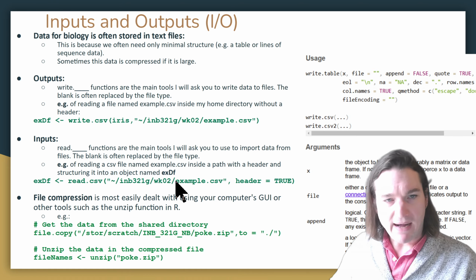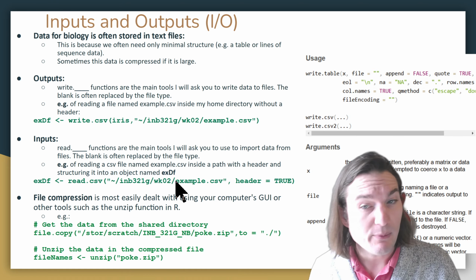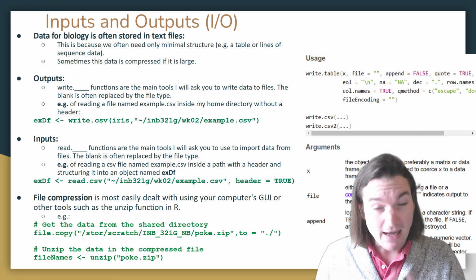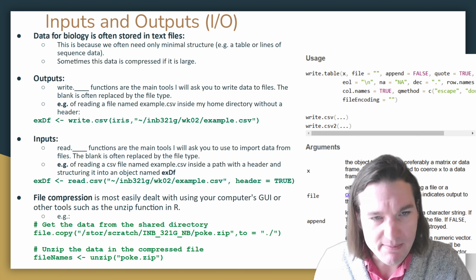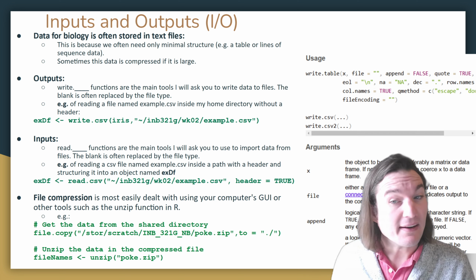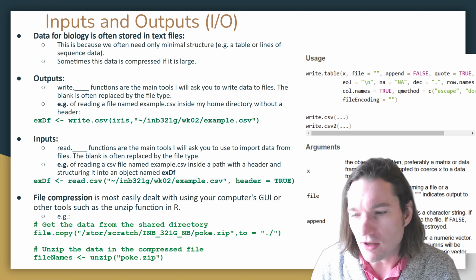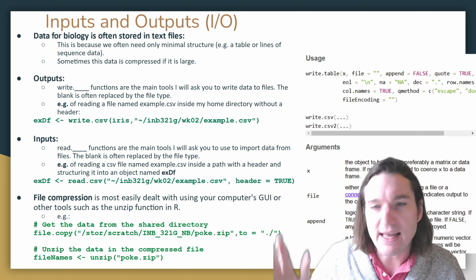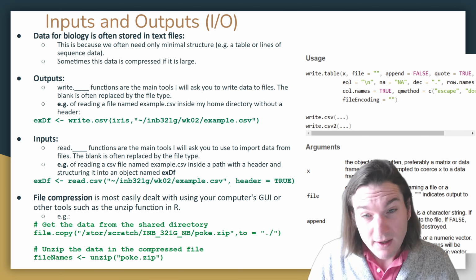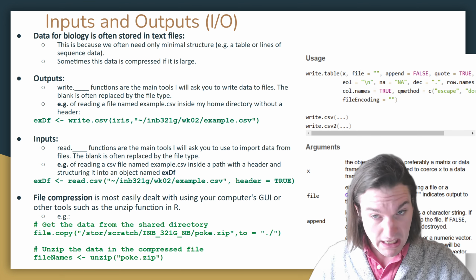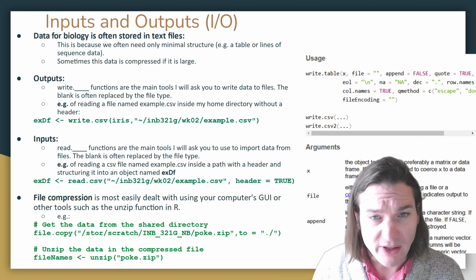Next, talking about file compression. A lot of the data that we use in R in biology is actually just text. Even my gigantic variant files that are filled with all of these different SNPs and indels and all these other mutations are actually just stored inside of a big table coded using text.